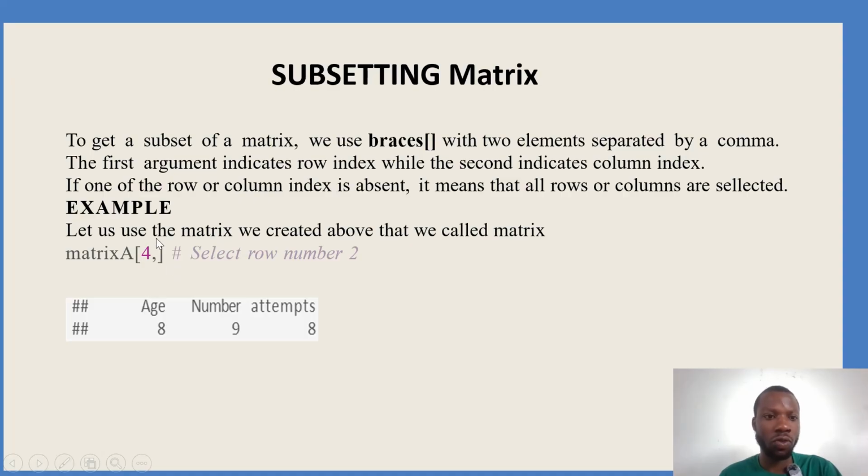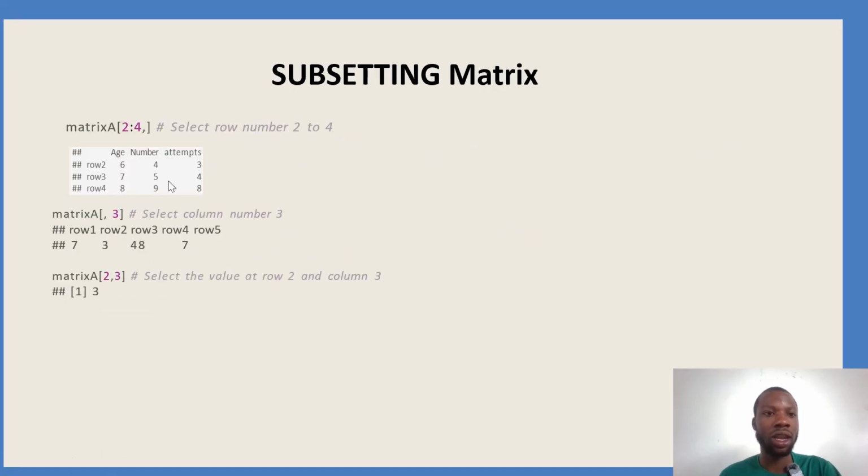But if you need to look for a specific value, you have to indicate the row and the column at the same time, where you say 4, comma, and then put the column number. That's what we have done here. What we are trying to look for here is in the matrix, the rows from row number 2 up to row number 4.